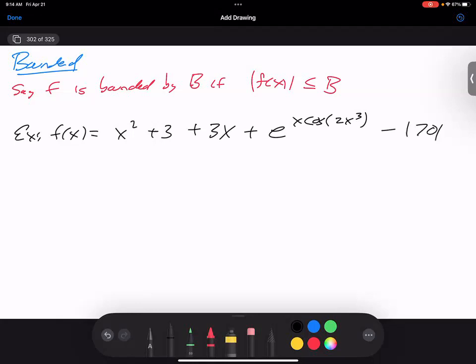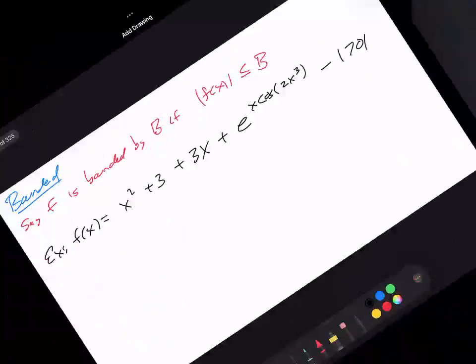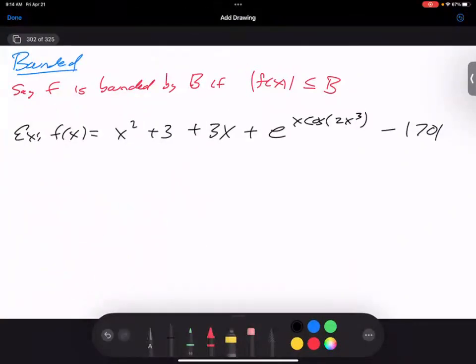Let's say I give you this as my function. I want to show, and let's say we want x in the interval [-1, 10].